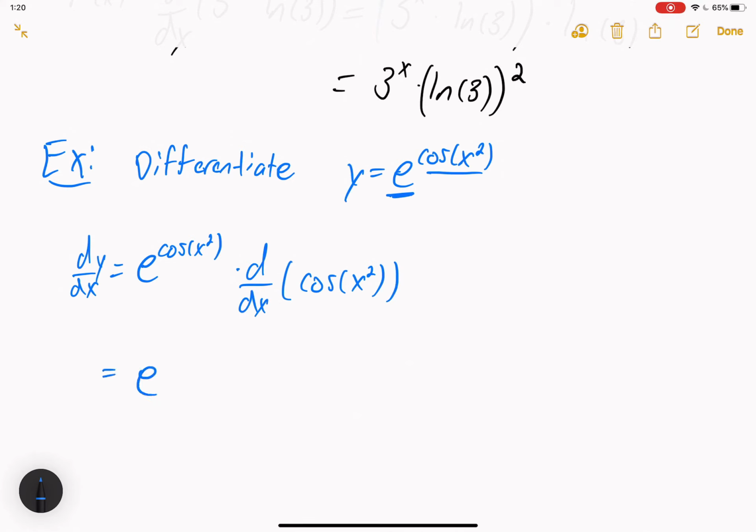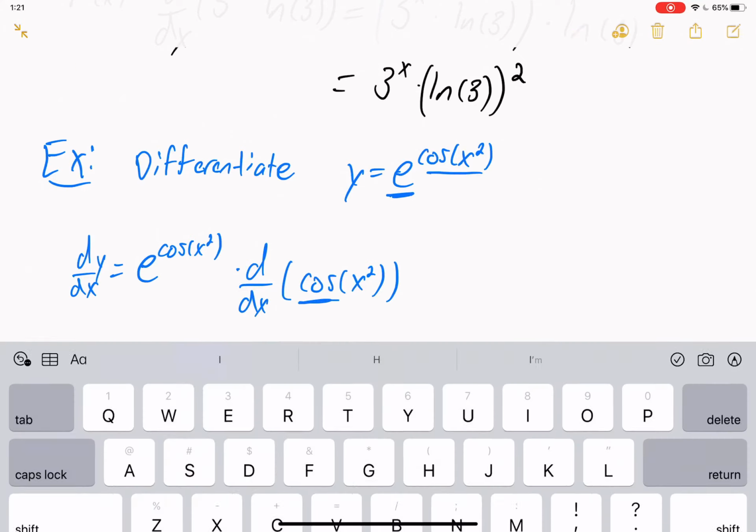Remember, the chain rule is the derivative of the outside, my bad.